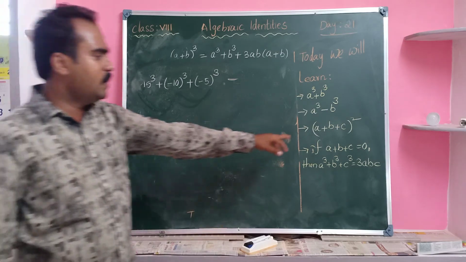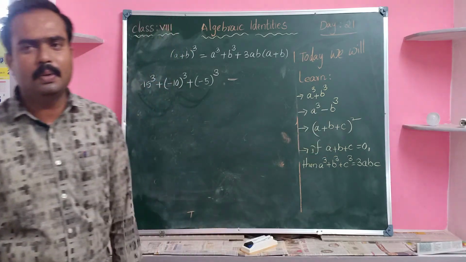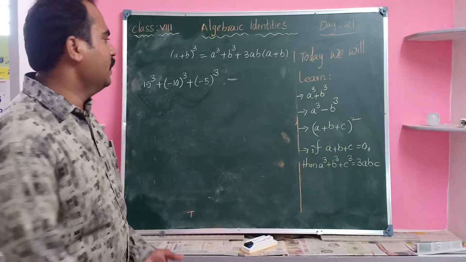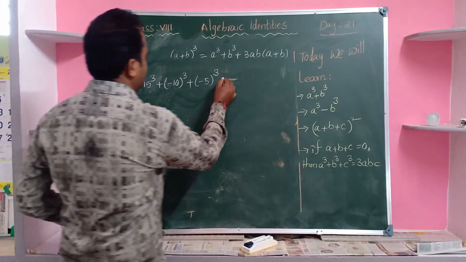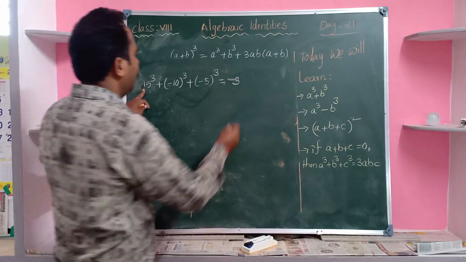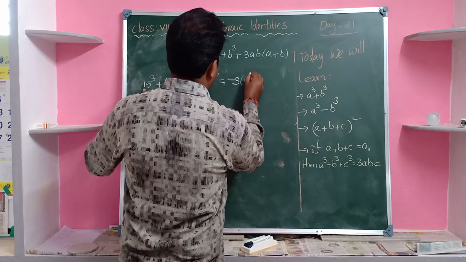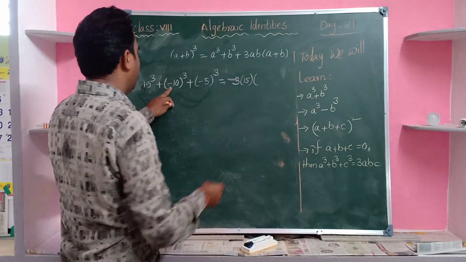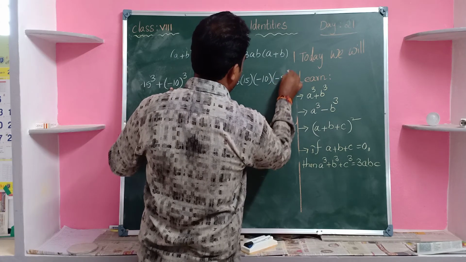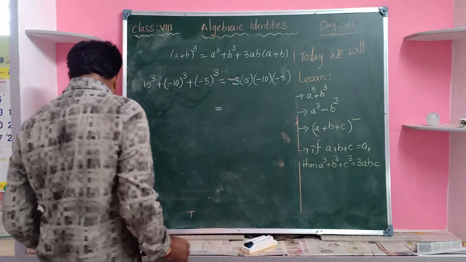That means a plus b plus c is equal to 0. Then a cube plus b cube plus c cube is equal to 3abc. So this is equal to 3 into what is a value? 15. What is b value? Minus 10. What is c value? Minus 5.